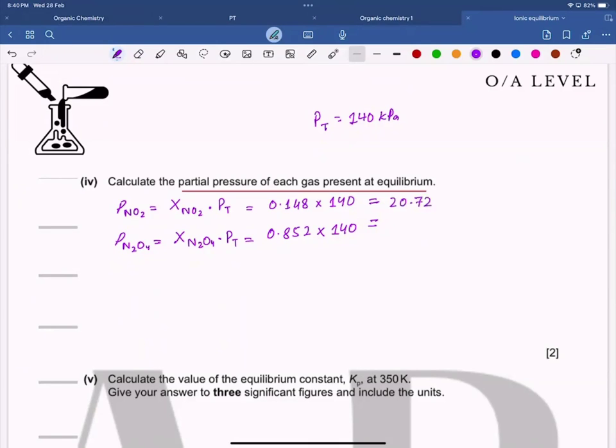Yes, sir. And the second one? Sir, 119.28. Is this understandable? Yes, sir.